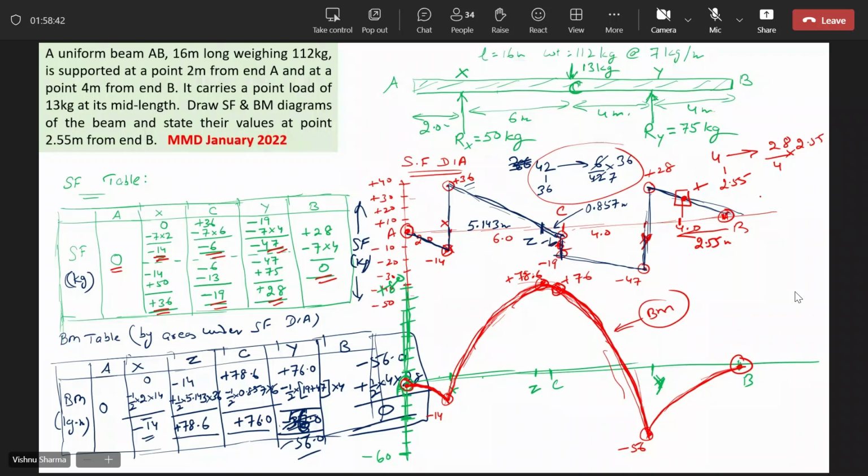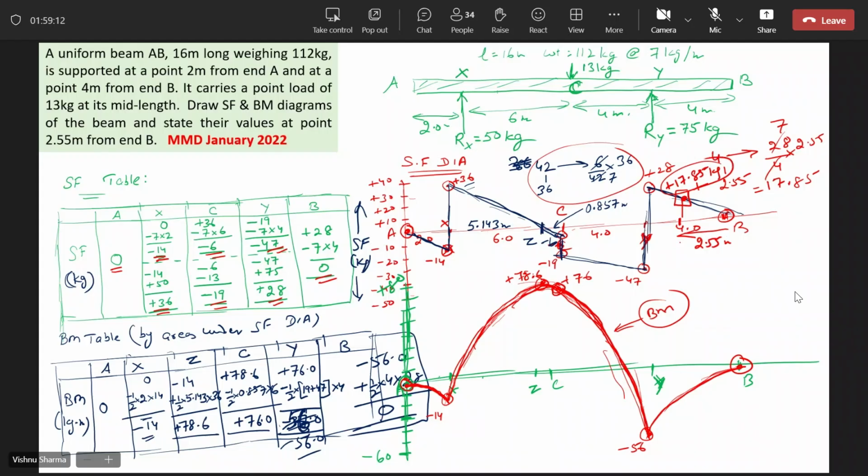Am I right, guys? 17.85 newtons. So by simple calculation, I can get the exact value. So the shearing force at a distance 2.55 meters from end B will be plus 17.85 kg.